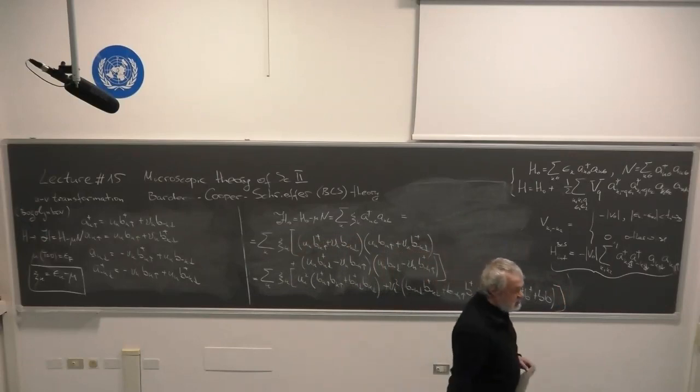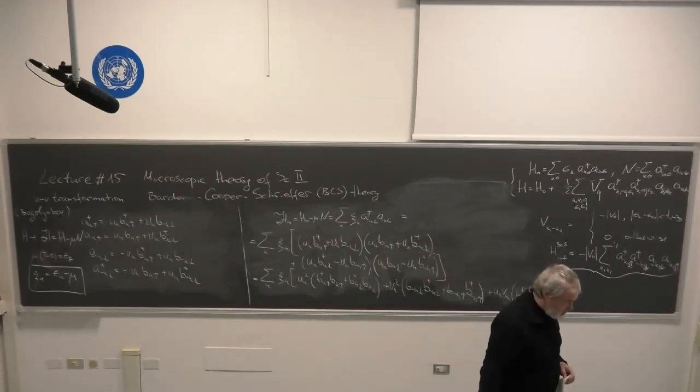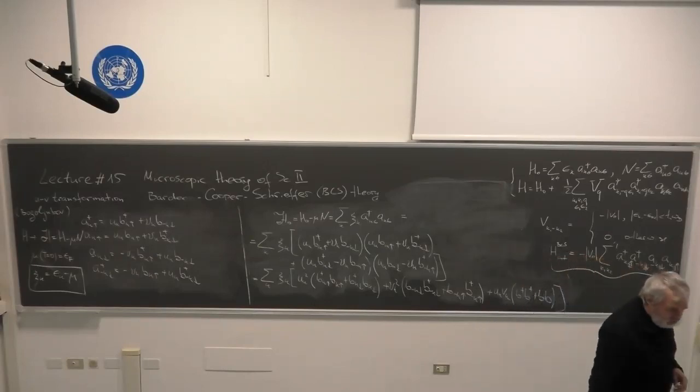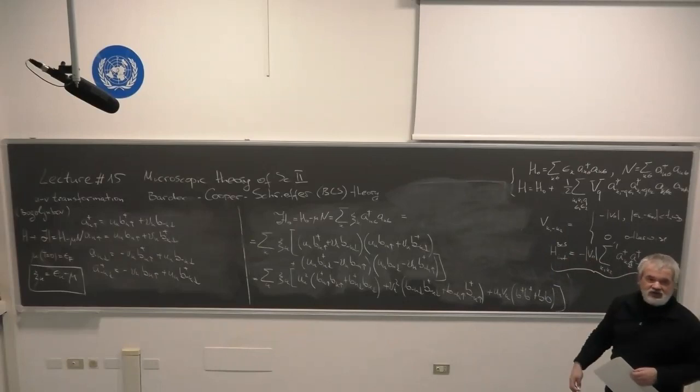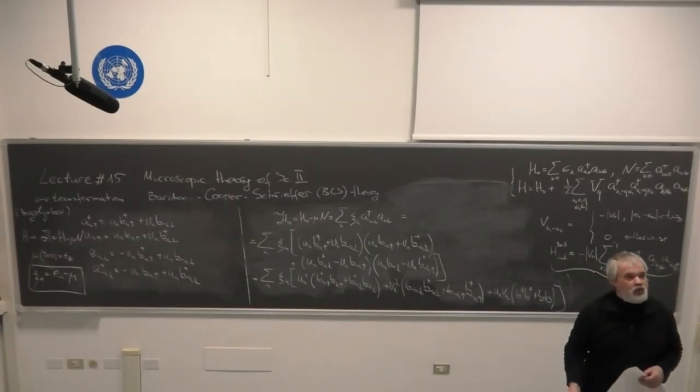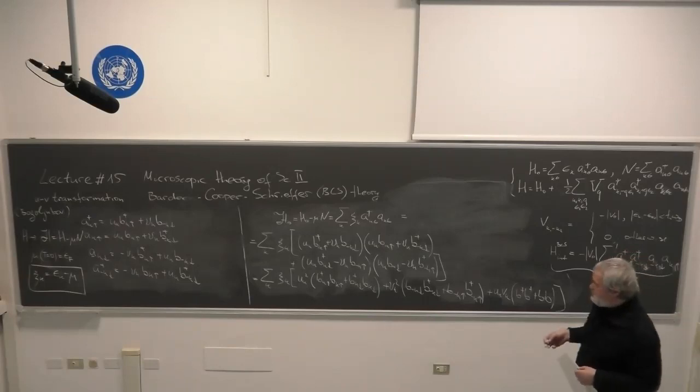In contrast to the diagonalization in a bosonic system, where from the very beginning I had a quadratic form and needed to bring it to diagonal form, here I still have four fermionic terms. Therefore, instead of dealing with the Hamiltonian, I'm going to deal with the expectation value of the Hamiltonian, namely the energy.